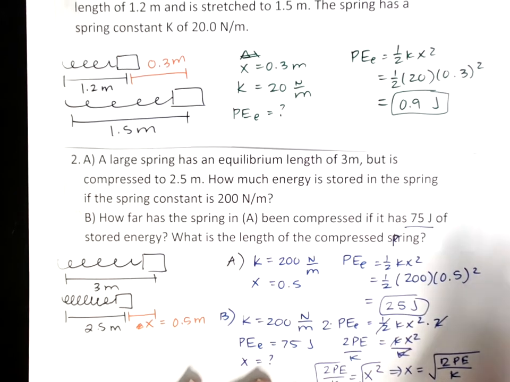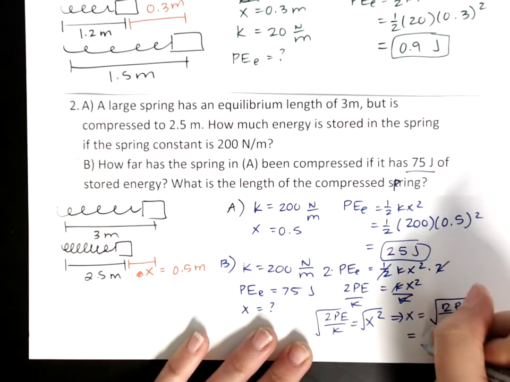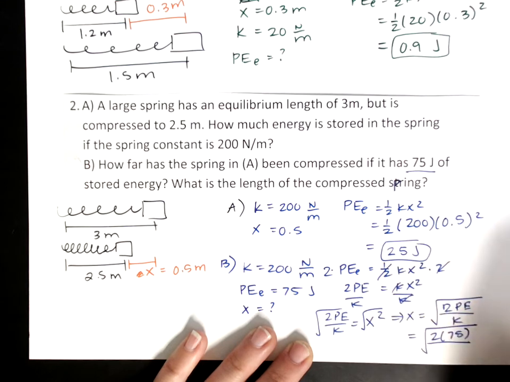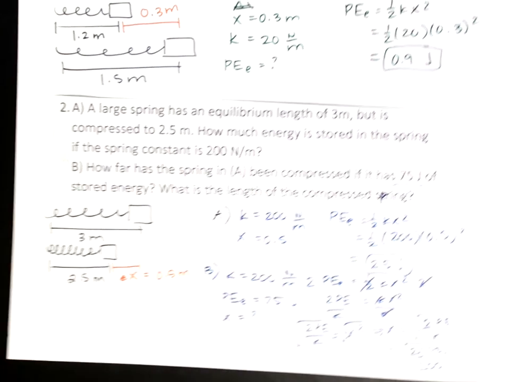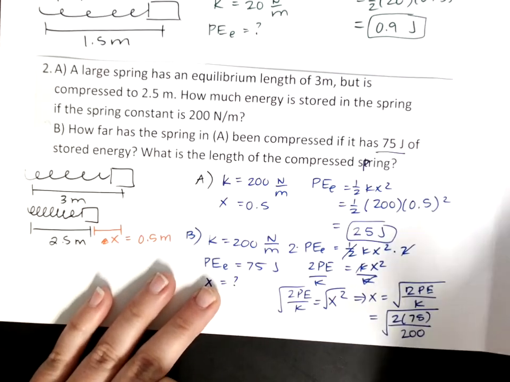Plug in our knowns, and we get 2 times 75 divided by our k, which was 200. And you should get x is equal to 0.866 meters.